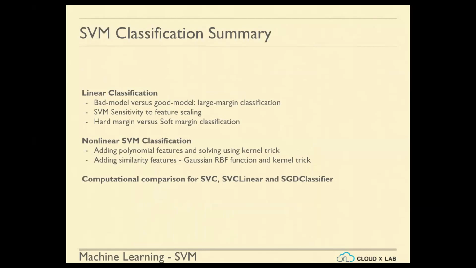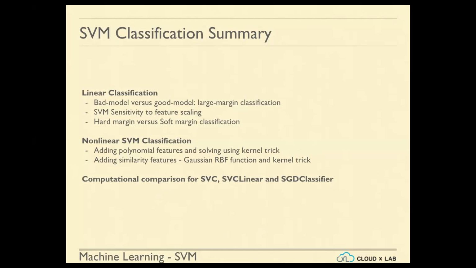Now, for linear classification, these are the things that we have learned so far. We started with the discussion of bad model versus good model, different lines that we drew in case of classification. Then we talked about feature scaling, then hard margin versus soft margin.